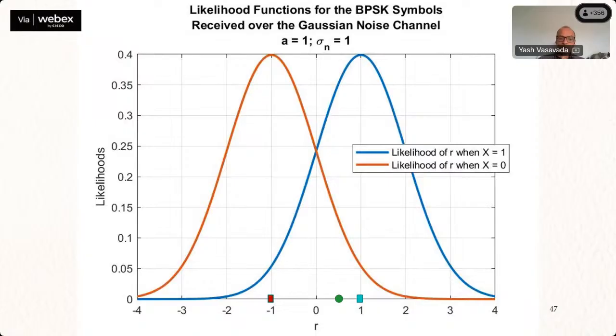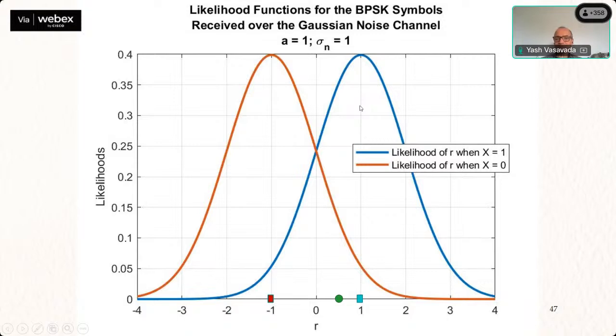Right. So when R becomes 0, at the point at which these two PDFs are equal, that ratio becomes equal. On the left-hand side of that point, meaning that whenever R is negative valued, the detector will say that x equal to 0 is more likely.